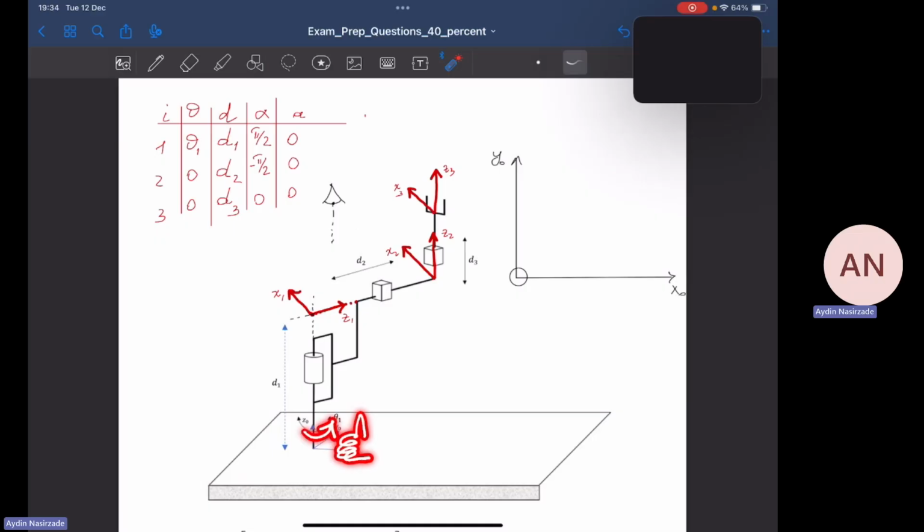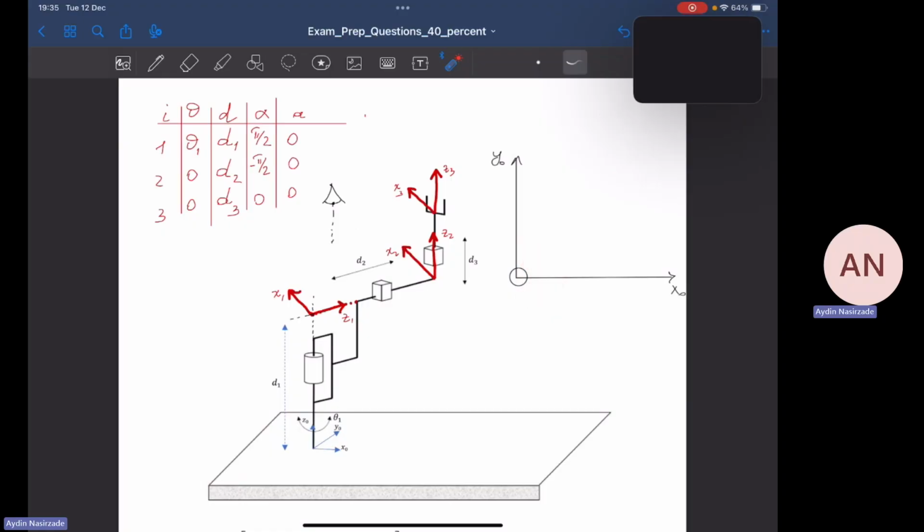So z0 is towards me according to the right hand rule, and this is the positive direction of rotation.